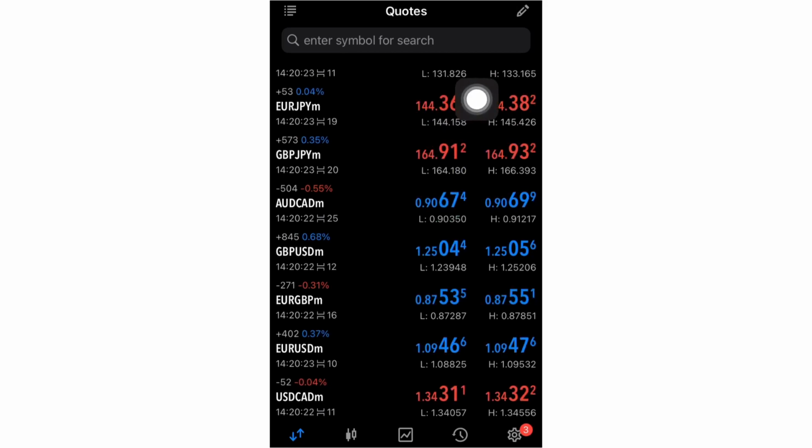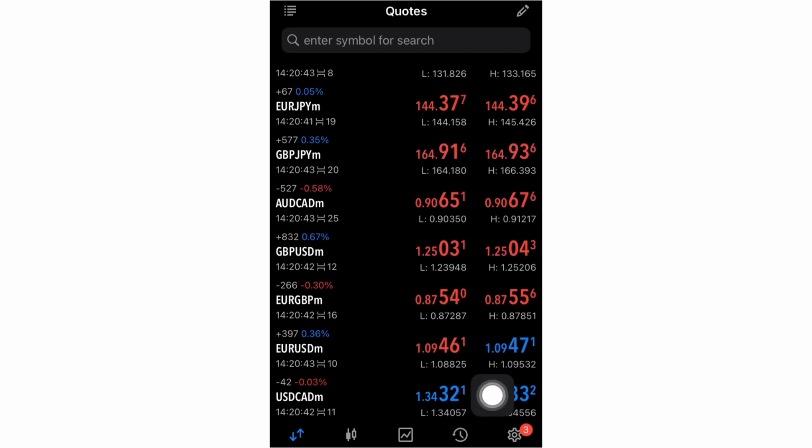Because Forex is a business, you need to know all these things, because you are buying and selling. That's basically Forex. So what this means is that this GBP, Great British Pound, is priced in Japanese yen. Now let's take the example of USD CAD.